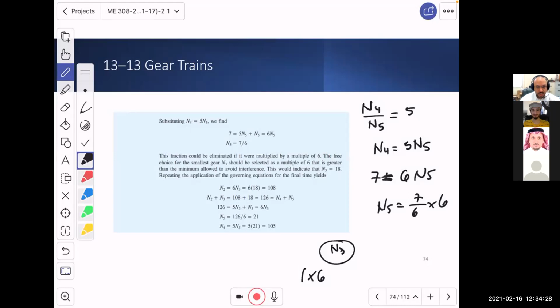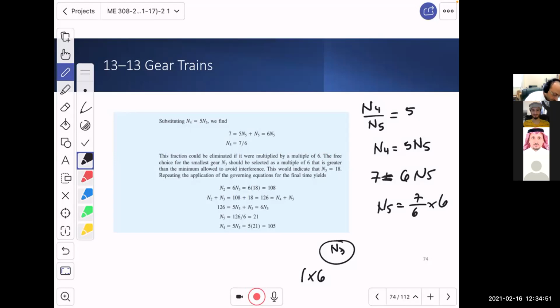If it is less than 16, I will have interference. So I need to go up, but I don't need to go up a lot, because I still have the condition to minimize the gearbox size. So the first multiple of 6 is 18. Isn't that true? 18. Right.